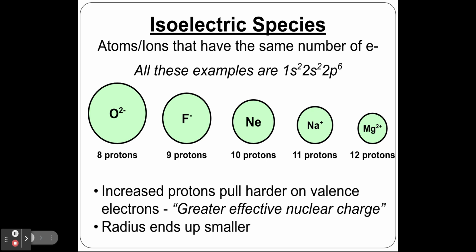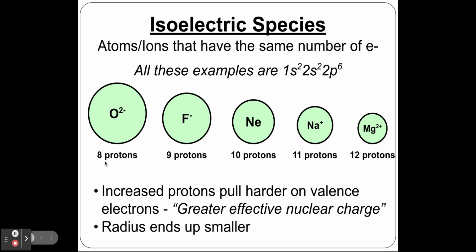If you've got the same number of electrons, then the shielding is going to be the same. They're not going to differ in shielding. So the only thing that's going to differ is the number of protons, which is going to change the effective nuclear charge. Here we're looking at effective nuclear charge.